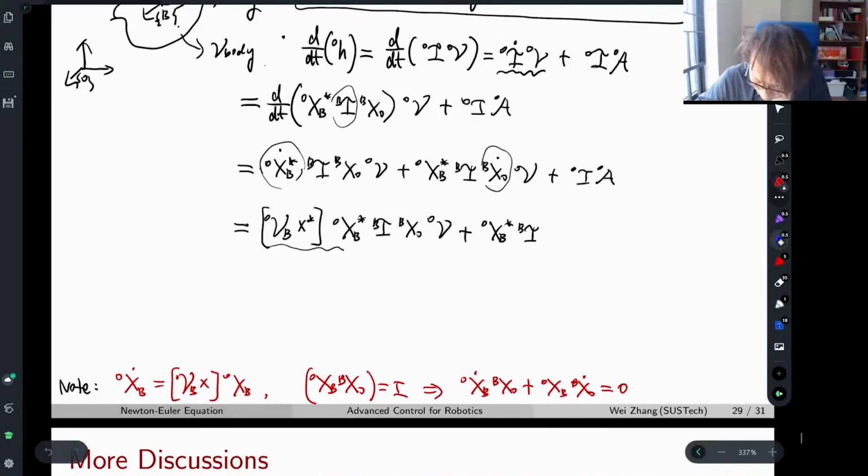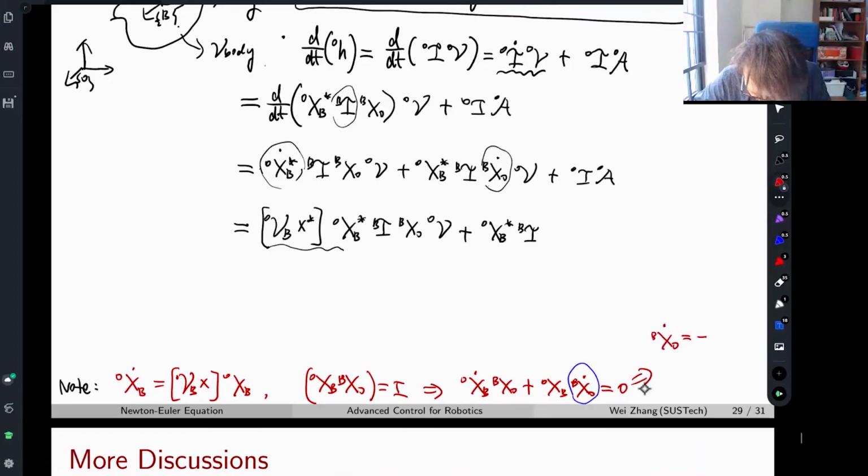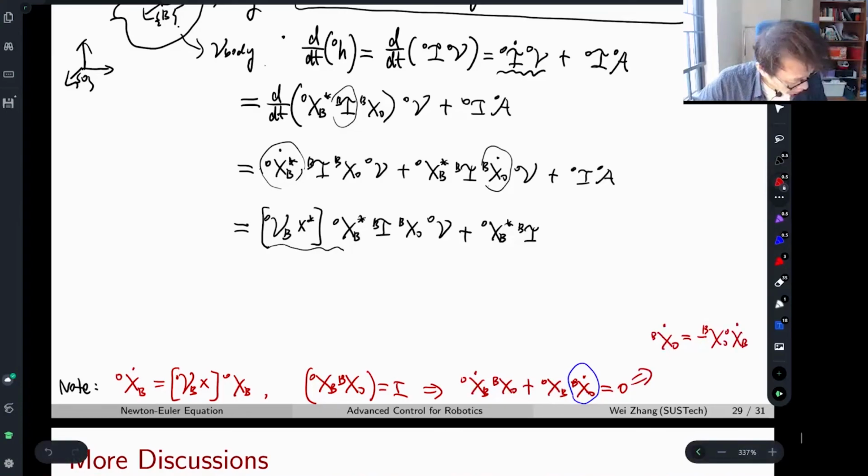What we want is the term X_OB dot. So X_OB dot equals negative, moving this term to the right, then pre-multiplying by X_OB: X_OB times X_BO dot times X_OB.